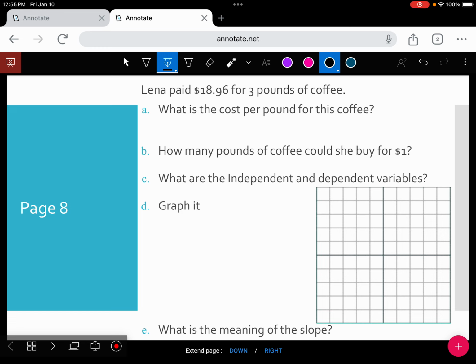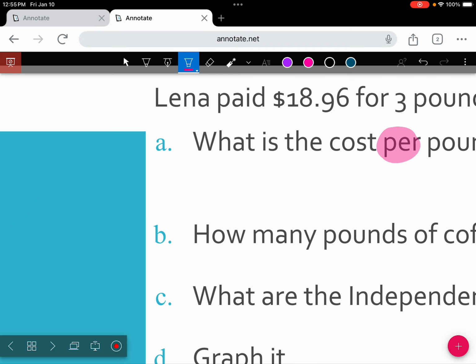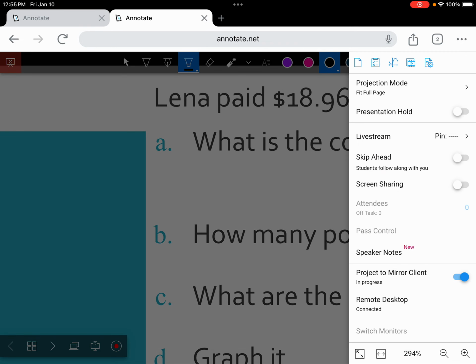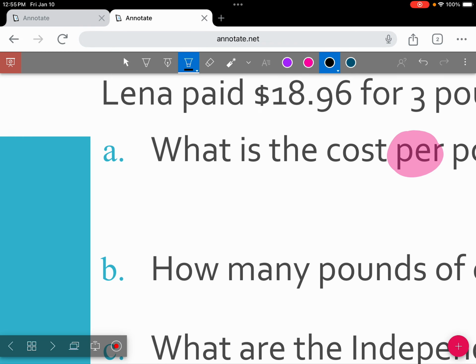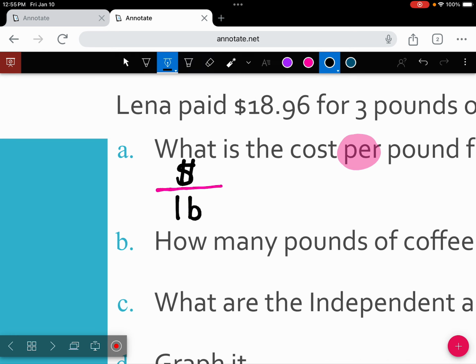So if we set this up kind of like a fraction, remember we said per was kind of our code word for slope. It's really a code word for divide. So if we're looking for cost per pound, to set this up and figure out what the cost per pound is, we're going to take the cost that she spent.